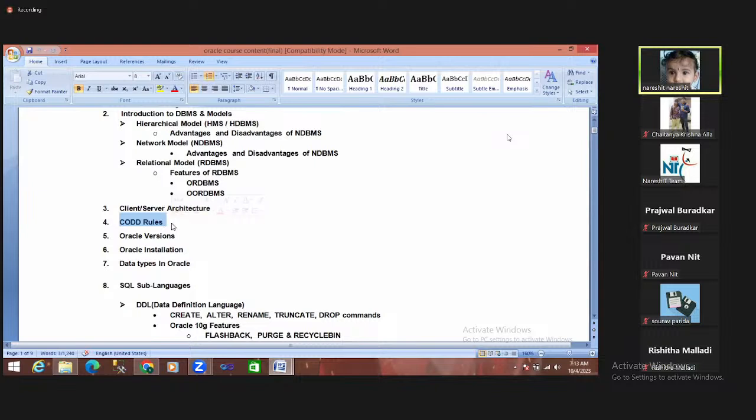He proposed 12 rules. If any database supports Codd's rules 100%, that is called a pure relational database.